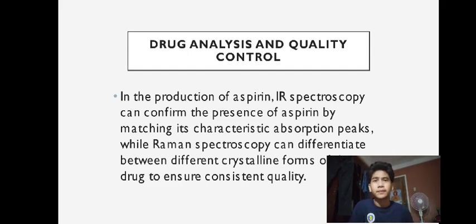In the production of aspirin, infrared spectrometry can confirm the presence of aspirin by matching its characteristic absorption peaks, while Raman spectrometry can differentiate between different crystalline forms of the drug to ensure consistent quality.